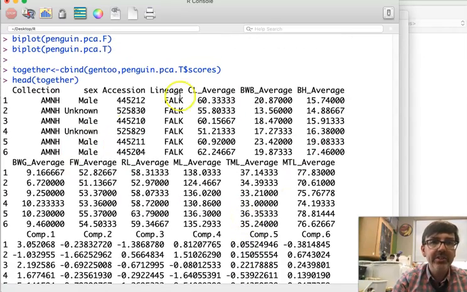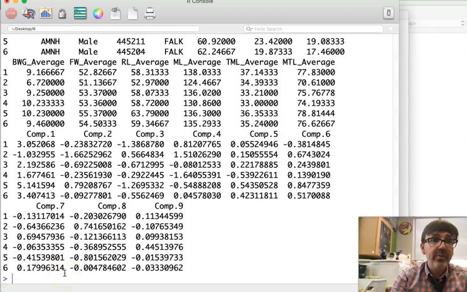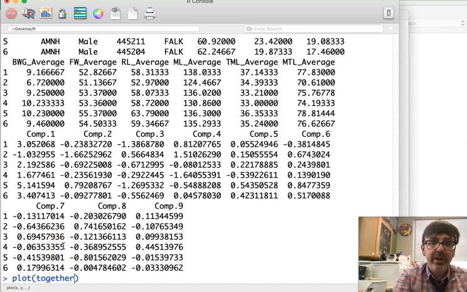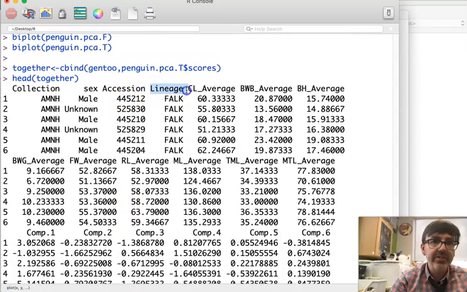Now I have my original columns, and I have these new axes on: component 1, component 2, component 3, component 4. And then I might want to do some analysis. I want to compare between my different sites, so I might go to plot together. I could pick my response variable to be component 1, and I'm going to say I want to compare my different lineages.